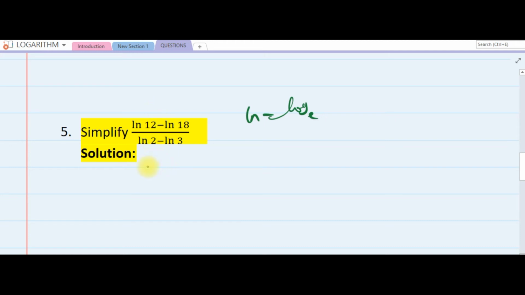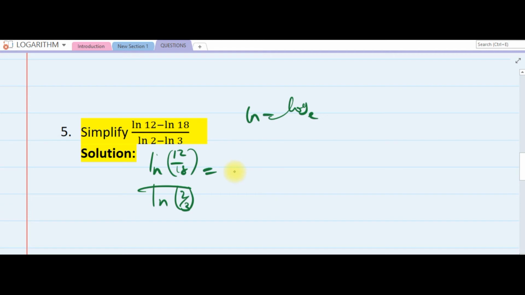So we need to relate these two. Bringing the two together, this is minus, so it should be ln of 12 over 18 over ln of 2 over 3. That's the first thing we'll notice.